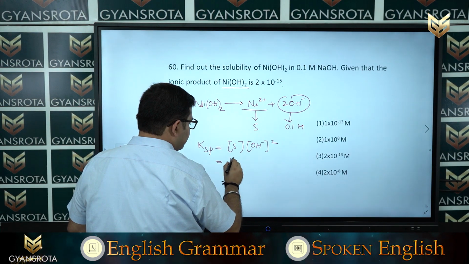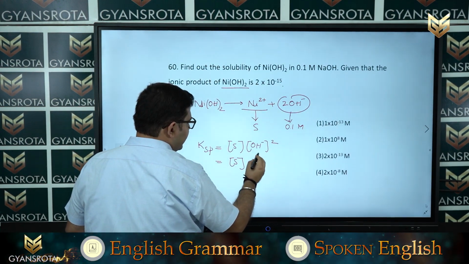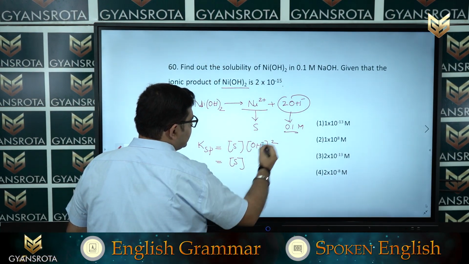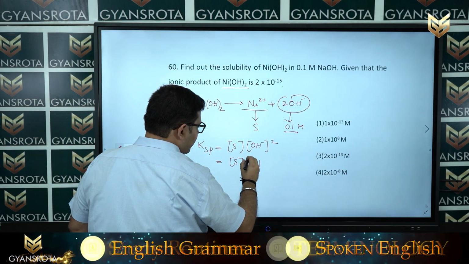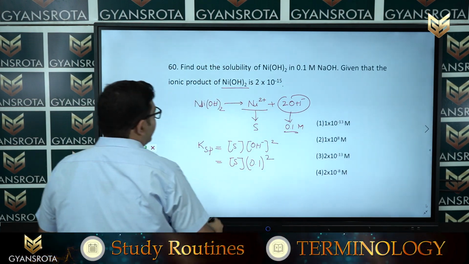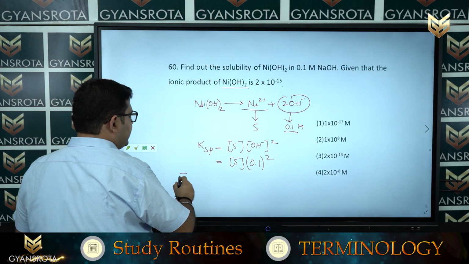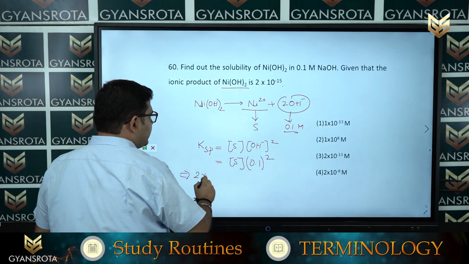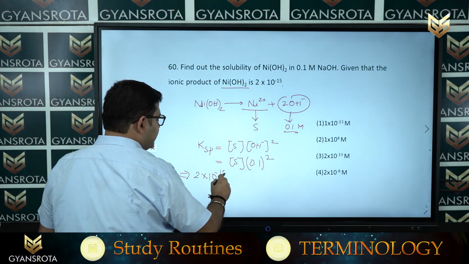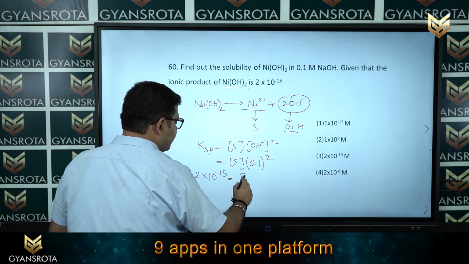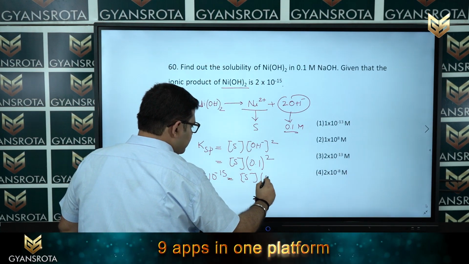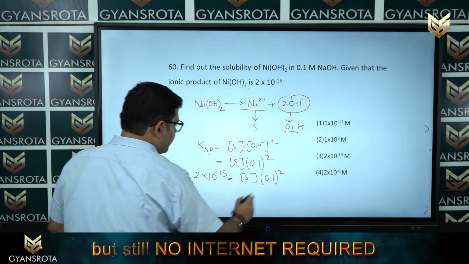Okay, so S we keep like this, and the OH value is given as 0.1, so 0.1 whole square. And what is the value of Ksp? It will be 2 into 10 to the power minus 15 equal to S into 0.1 whole square.